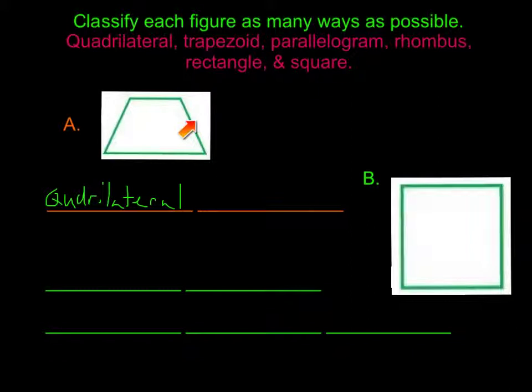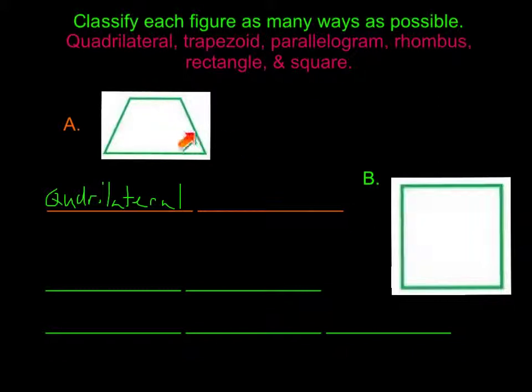It's not going to be a rhombus because it doesn't have two sets of parallel lines. It's not going to be a parallelogram because it doesn't have two pairs of parallel lines.